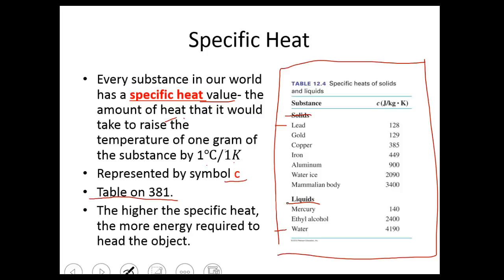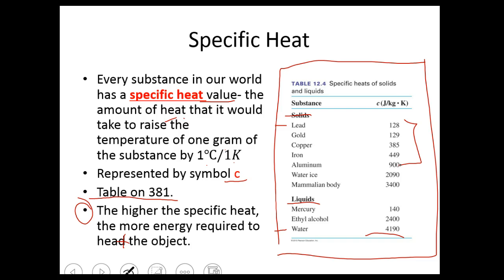But for liquid water, we actually have to put a lot of energy into it to increase the temperature of that water. And you're very familiar with this because you probably have boiled water to cook, right? In general, the higher the specific heat number, the more energy is required to actually heat that object. Water has a very, very high specific heat compared to things like metals.